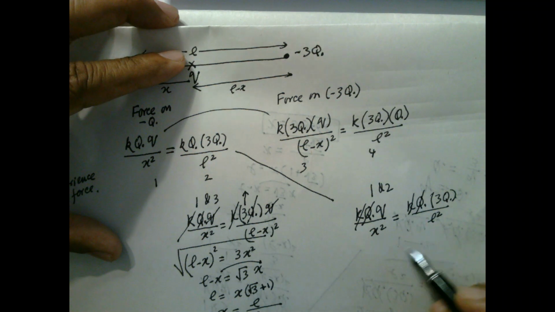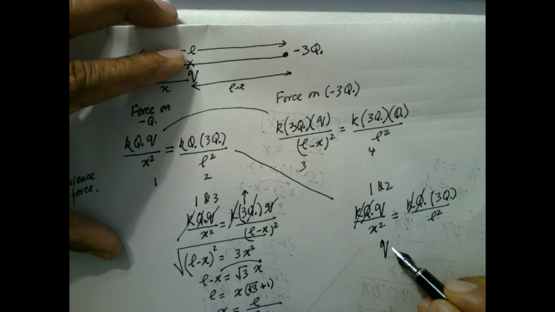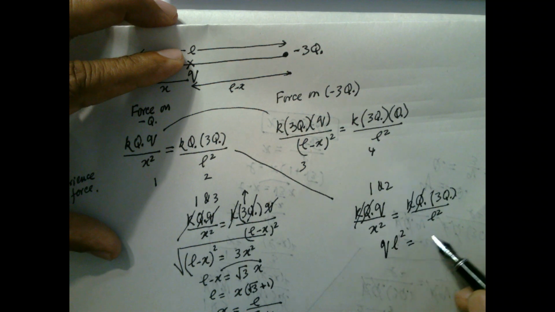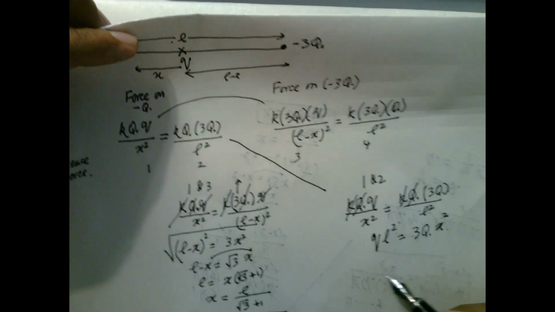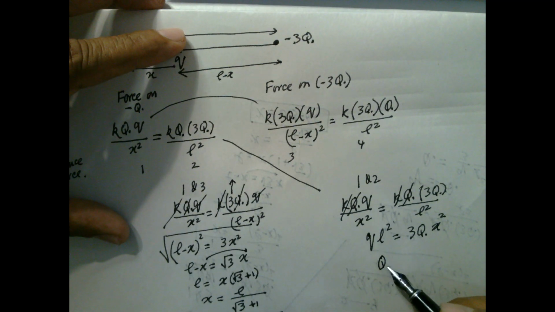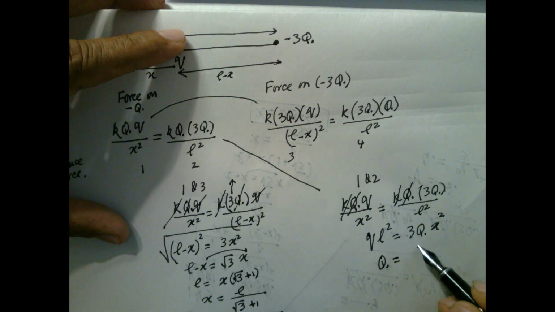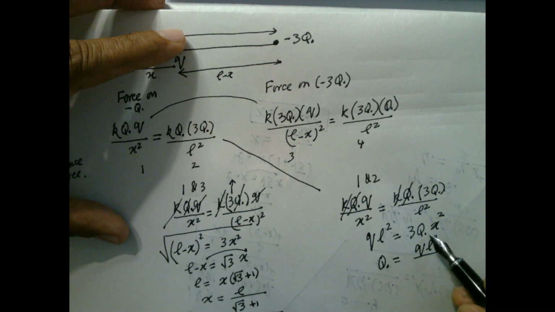From here, if you cross multiply, q L square is equal to 3 q naught into x square, or q naught is equal to q L square over 3x square.